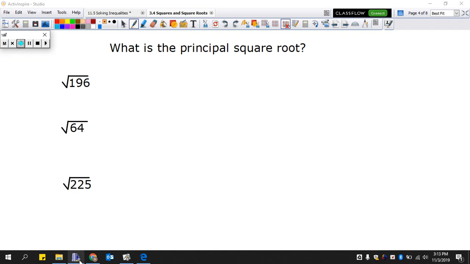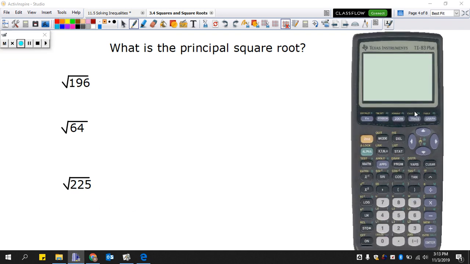So you hit second, and that gives us a square root, and type in 196, close parentheses, and hit enter, and we can see that the principal square root of 196 is 14.